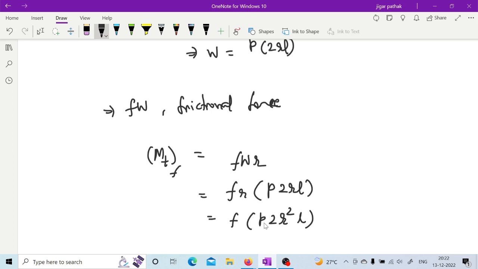So once you have this frictional torque, we have also calculated frictional torque earlier.